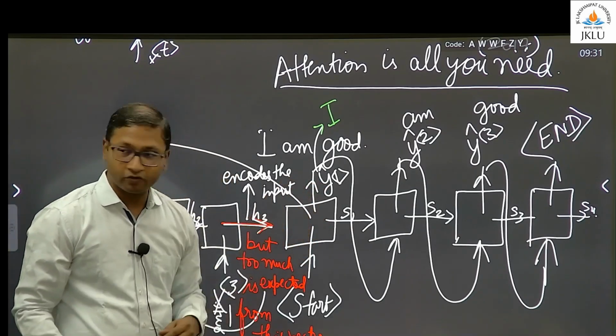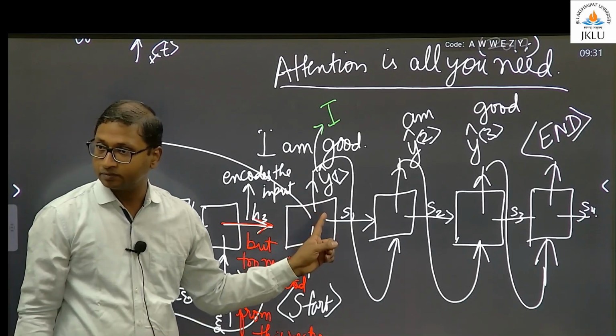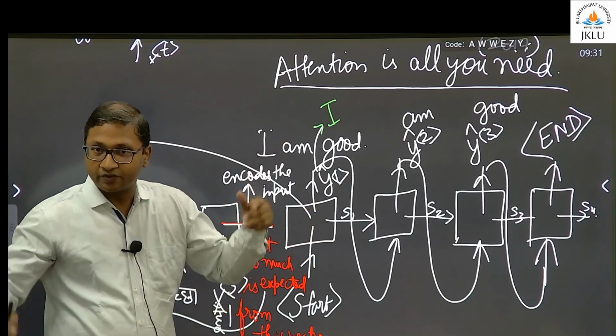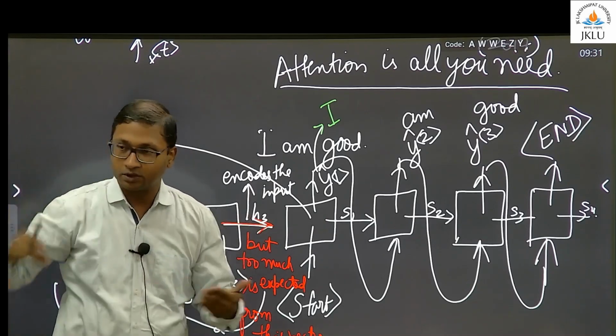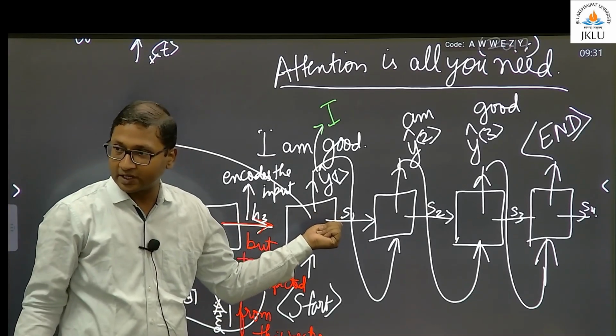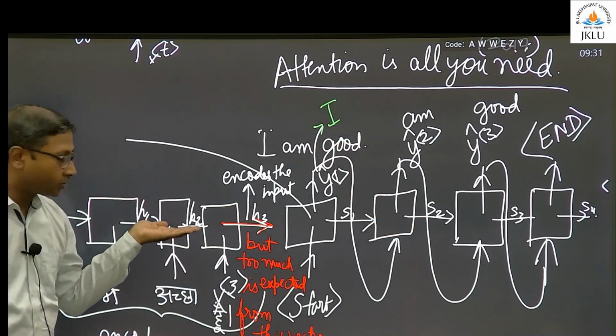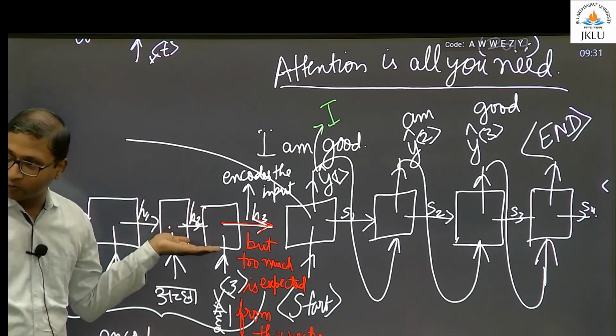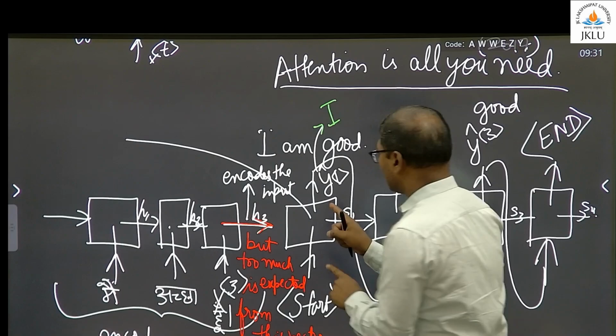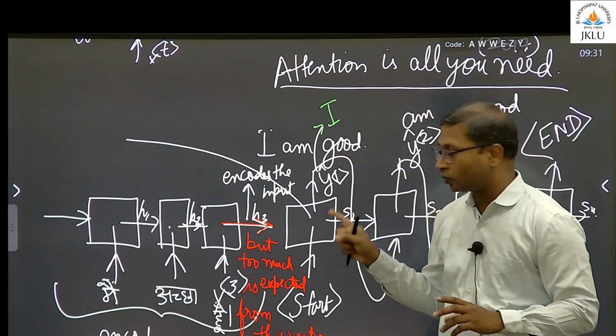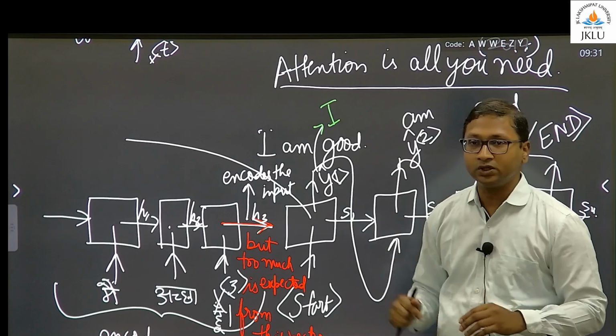Y1 hat is a function of what? Y1 hat was a function of A1, so it is A1, I am just calling it S1 because it belongs to the decoder. I am just calling it H1 because it belongs to the encoder. So y hat depends on S1. Whatever S1 is, that will help me figure out I.